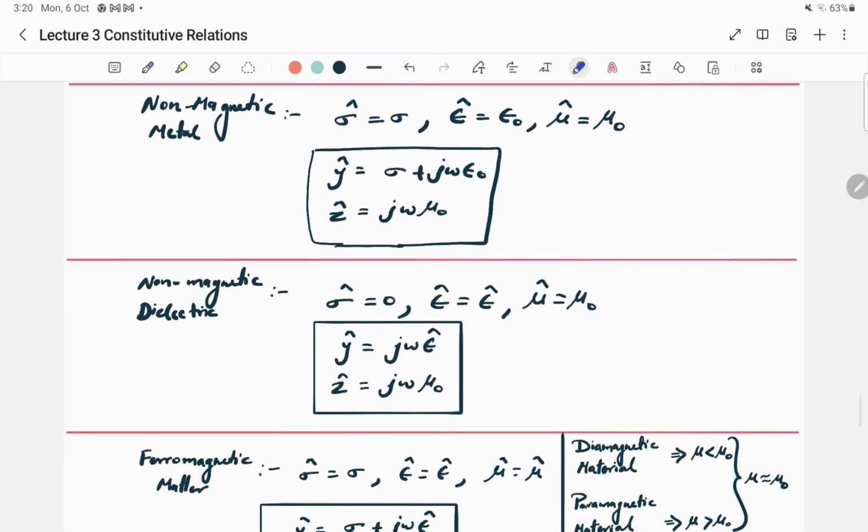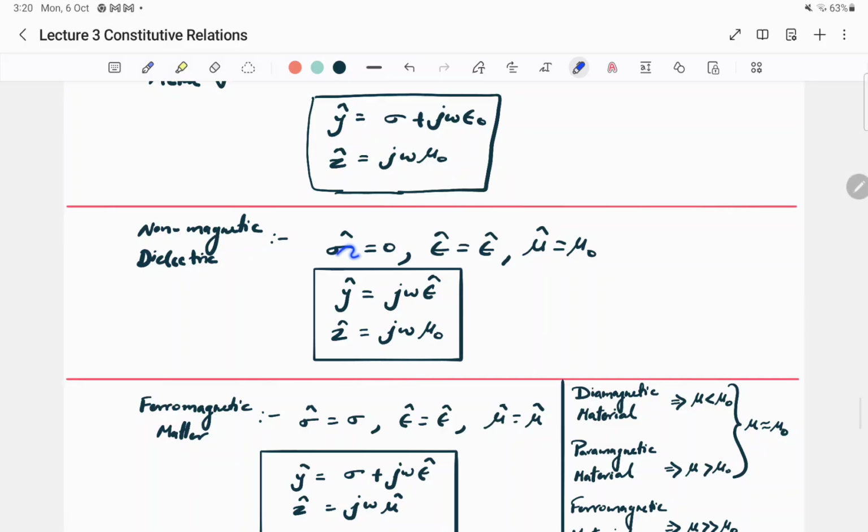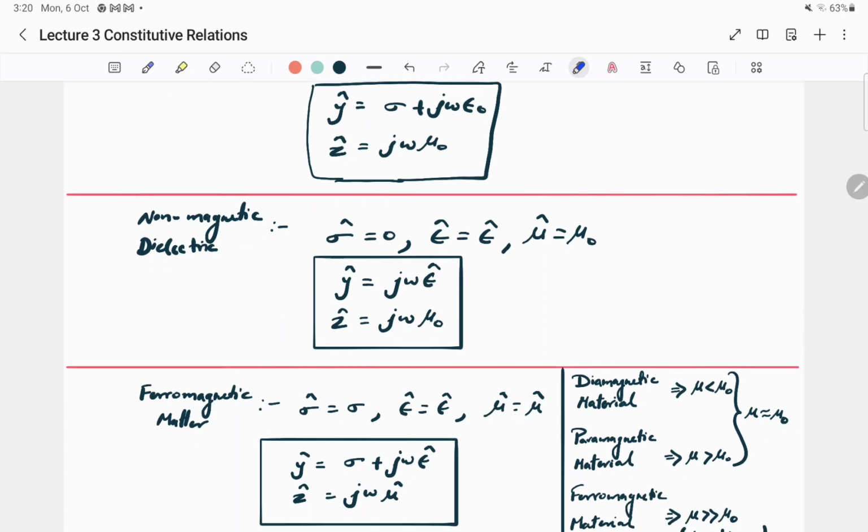For non-magnetic dielectric, what will we get? For non-magnetic dielectric, sigma cap is 0, epsilon cap remains epsilon cap and mu cap becomes mu naught, that is free space permeability. So the admittivity and impedivity expressions become like this.